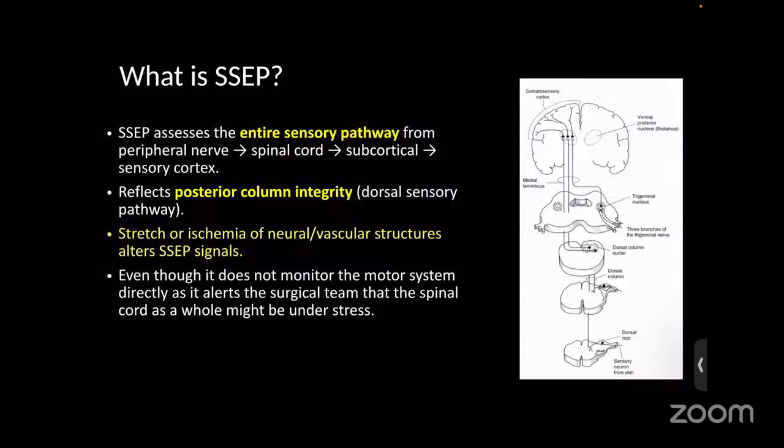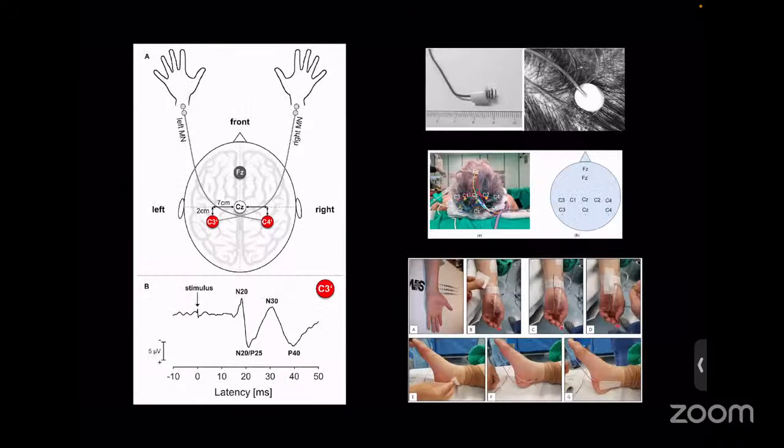SSEPs, we already understand, assess the entire sensory pathway. It reflects the posterior column integrity. And also if there's any stretch or ischemia, there will be an altered signal. The other speakers obviously will be talking more in detail, but as you know, SSEP begins in the periphery.